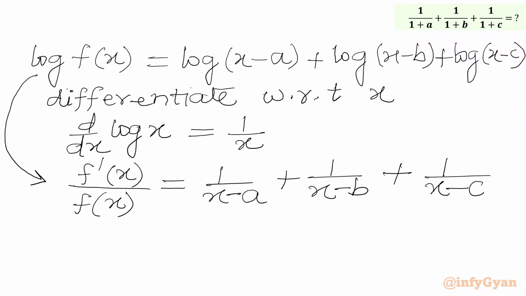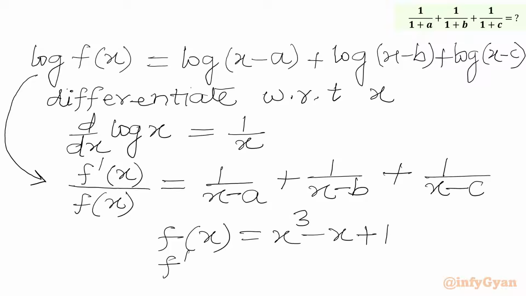Now f prime x over f(x), we know here f(x) is x cube minus x plus 1. So we can find out f prime x or f dash x. This will be equal to 3x square minus 1.